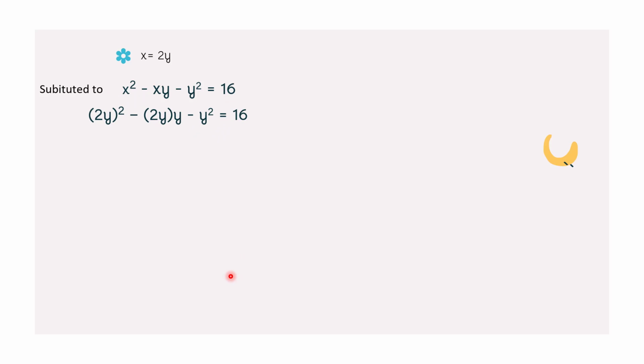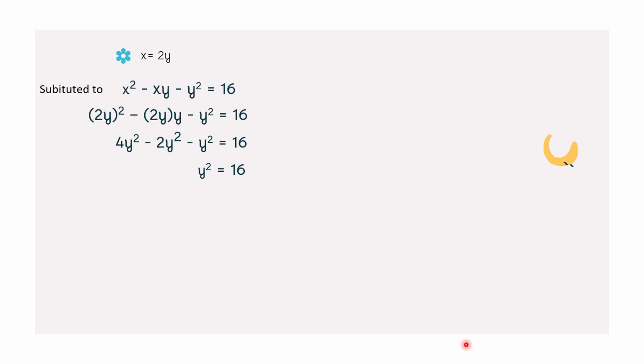So what do we do now? For these simplified factors of the first quadratic, we will substitute into the other quadratic equation, x squared minus xy minus y squared equals 16. So let's substitute x as 2y and simplify.